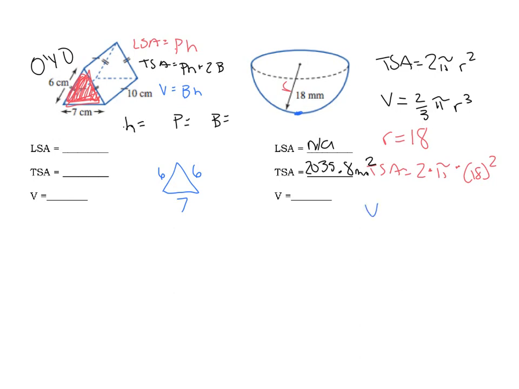And volume now is simply 2/3 times the pi button times this time the radius being cubed. So when we do that, the volume, so the amount that we can actually fill into that, is 12214.5 millimeters cubed.